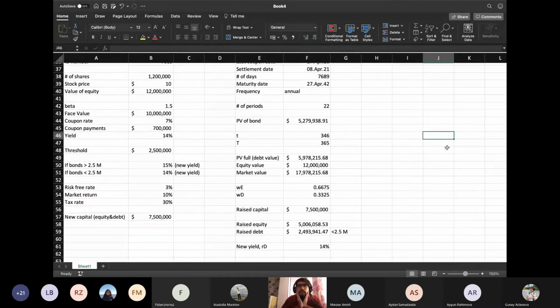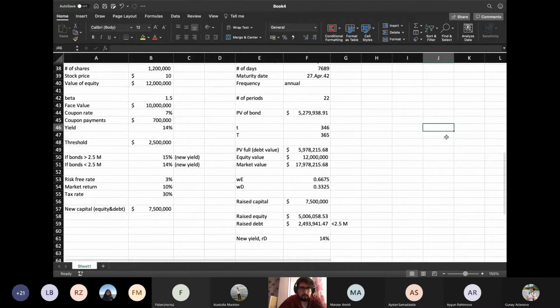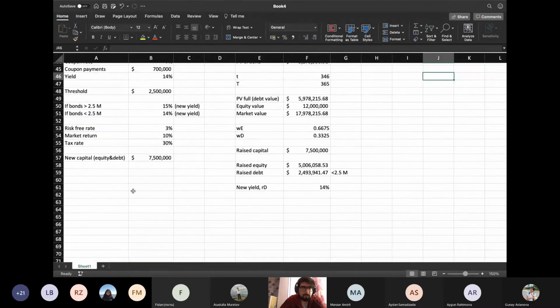So cost of equity can easily be found from the CAPM formula. CAPM says that RE is equal to RF, let's take risk-free rate, plus RM, market rate, minus risk-free rate.